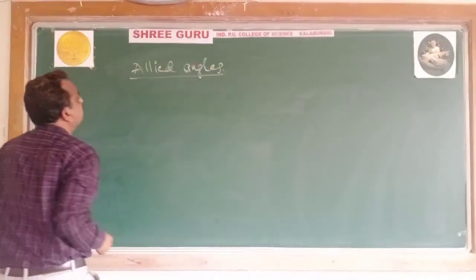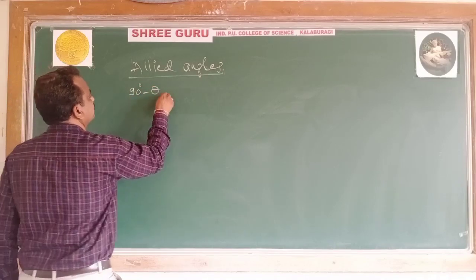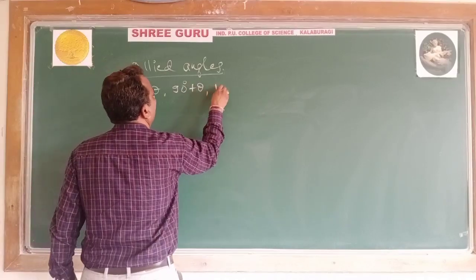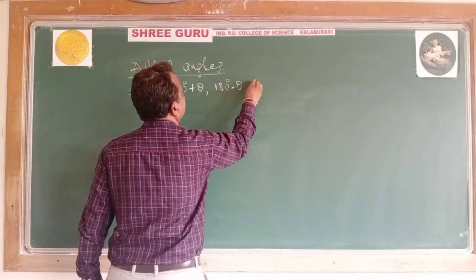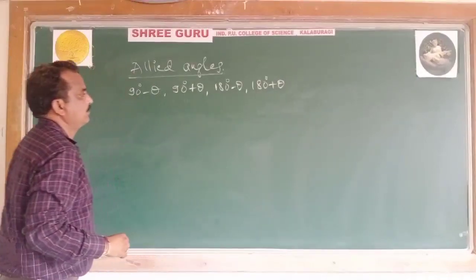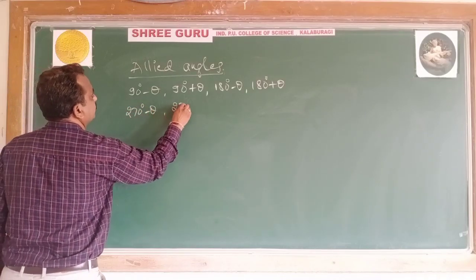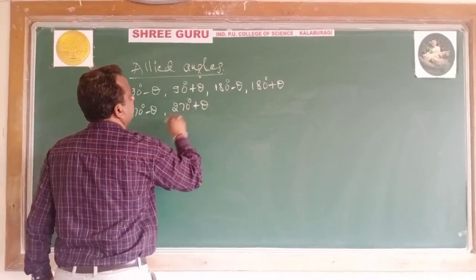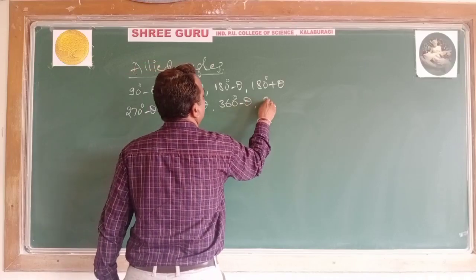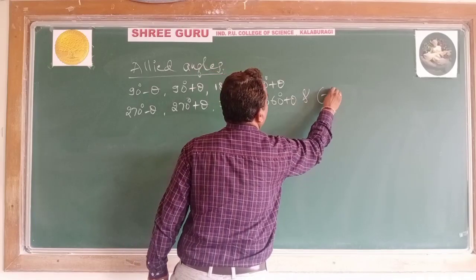The angles are 90 degree minus theta, 90 degree plus theta, 180 degree minus theta, 180 degree plus theta, 270 degree minus theta, 270 degree plus theta, 360 degree minus theta, 360 degree plus theta, and minus theta.